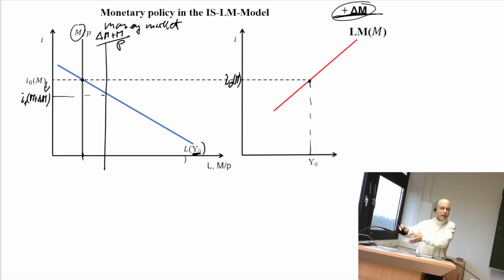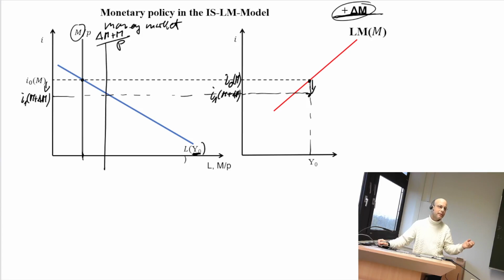But now keep in mind, income has not changed, so this new interest rate, M plus delta M, still depends on the same income. So this means that this equilibrium point is now shifting downwards.